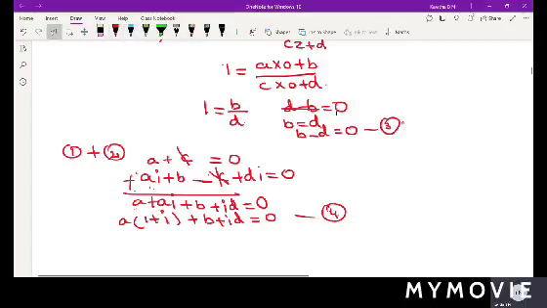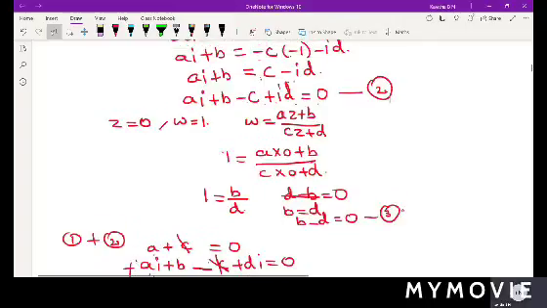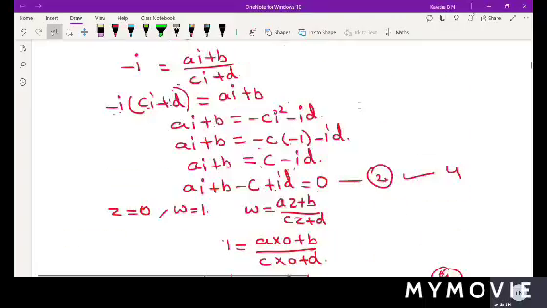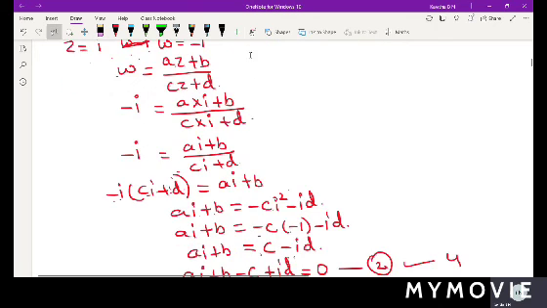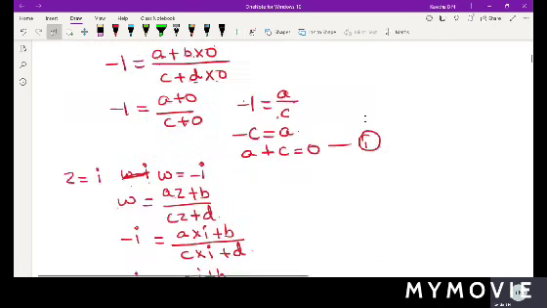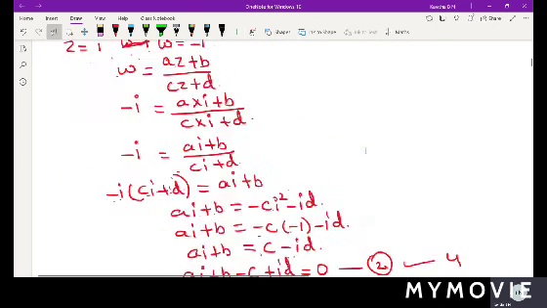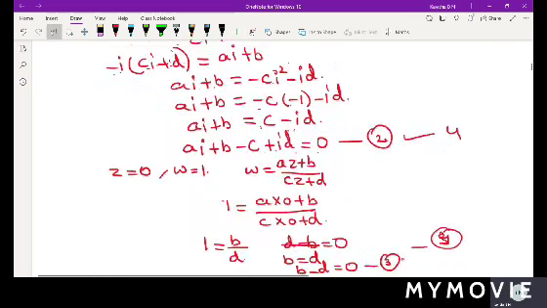Observe here, if you take equations 2 and 3, equation 2 has 4 variables and equation 3 has 3 variables, so that is not possible. Similarly, take equations 1 and 2 also. Equation 1 has 2 variables and equation 2 has 4 variables.